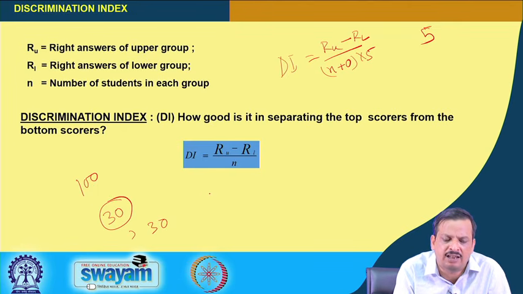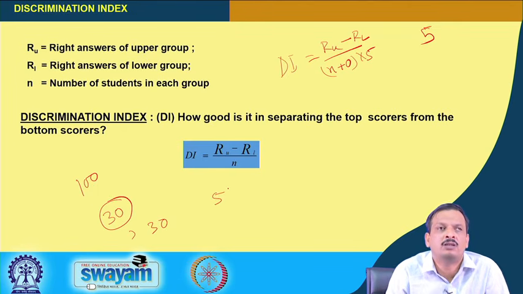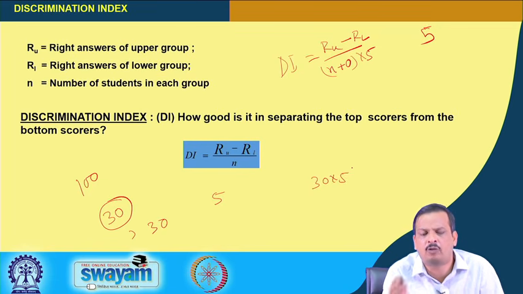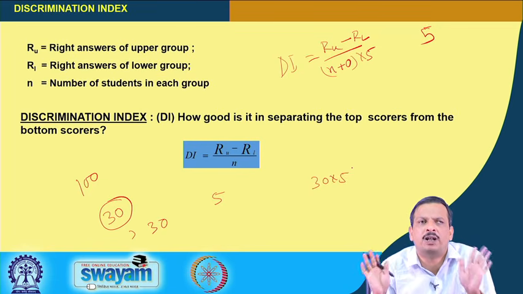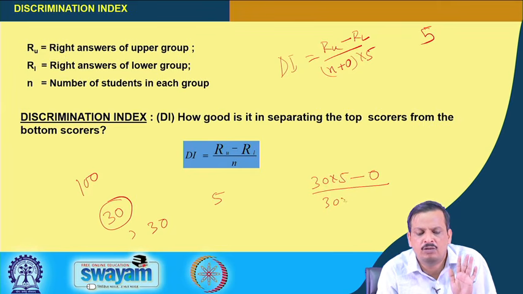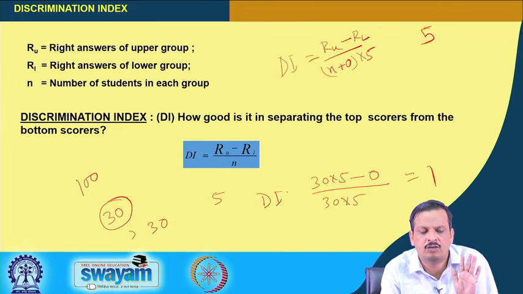Let each question carry 5 marks. What is the upper group marks? 30 into 5, all upper group get 5 out of 5. No lower group gets any marks, so 0. Divided by 30 into 5, equal to 1. So, DI is equal to 1.